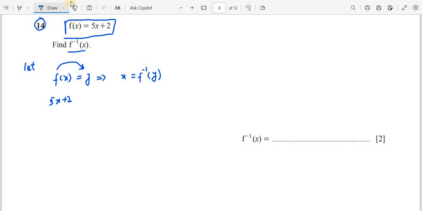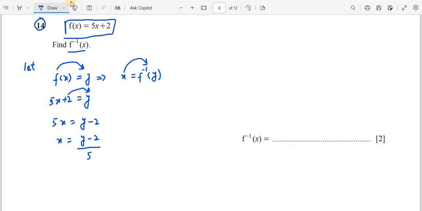5x plus 2 is equal to y. So find x. Make x the subject, so shift 2 to the other side. 5x is equal to y minus 2, divide by 5, so x is equal to y minus 2 over 5.